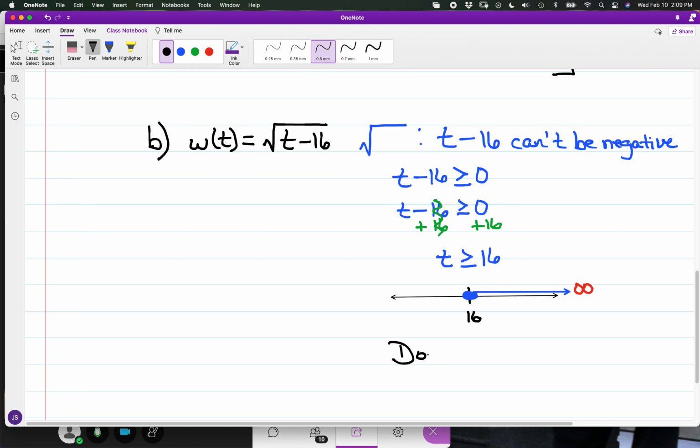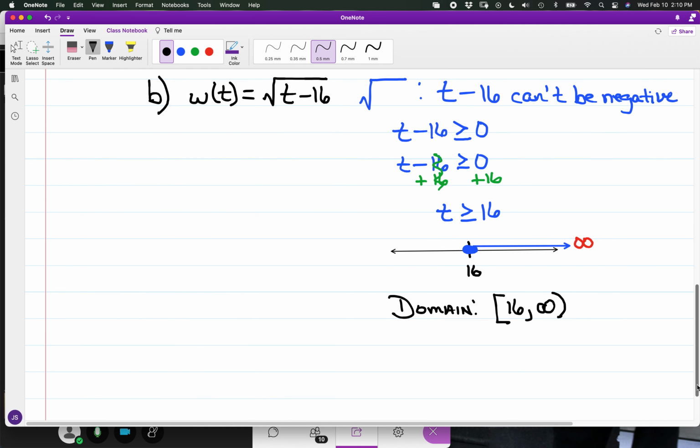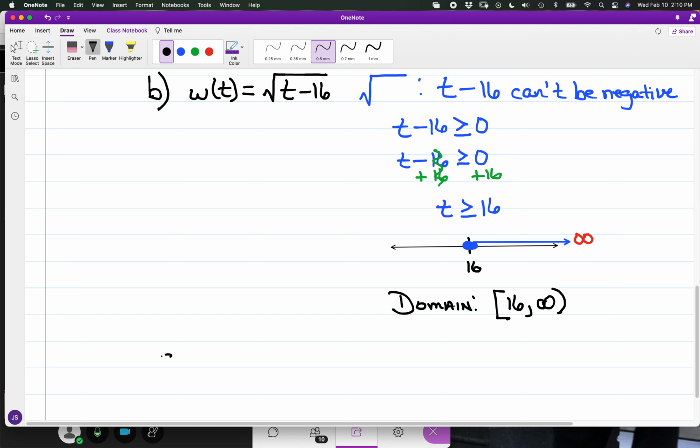And so we have with the domain, instead of arriving at and including, we are starting from and including 16. So 16 is in the bracket. And again, we have approaching positive infinity. Now, like negative infinity, infinity is boundless, so that remains in the parenthesis.